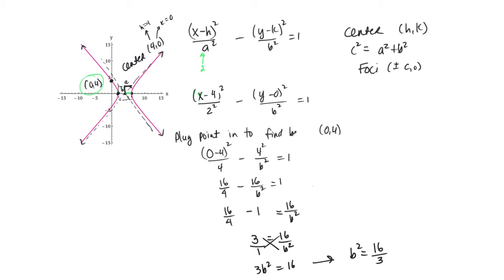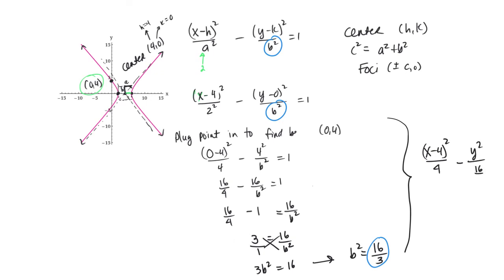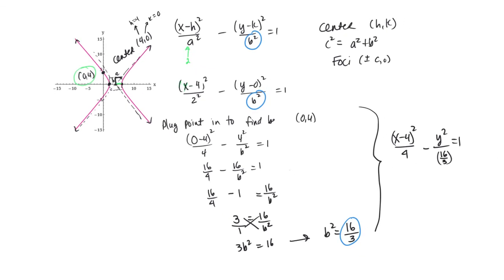And then I can plug that right in here. Actually right in here, right? Because I do know the center. So, okay, so putting those together, I would get (x minus 4) squared over 4 minus y squared over b squared, which is 16 over 3, is equal to 1. And then I can just simplify that a tiny bit.